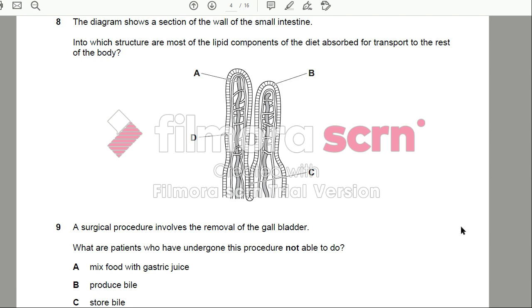The molecules of lipid components, glycerol and fatty acids, are larger. They cannot be absorbed through capillaries directly. So first they will be a part of the lacteal or lymph vessel, then they will be a part of your blood through a vein. So option A is the correct answer for this question.